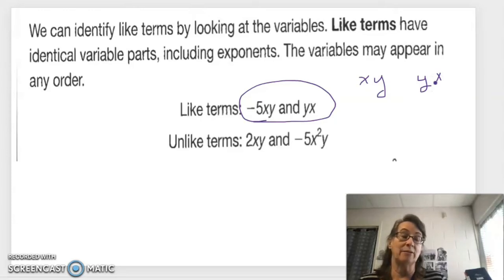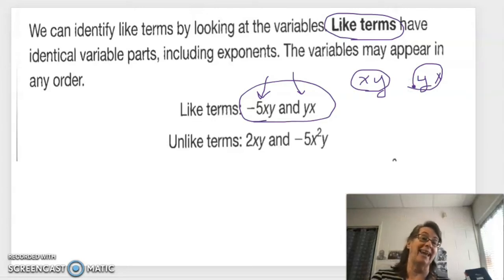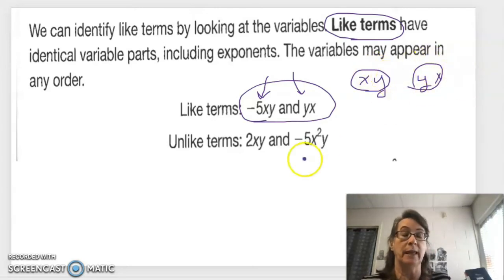Order does not matter in multiplication. Now, it does not have to have the same coefficient in the front. The coefficient in the front is not important in adding like terms. So like terms are xy and yx because they have the same variable parts and the same exponents. They're both just exponents of 1.